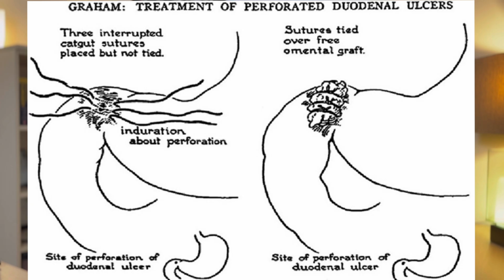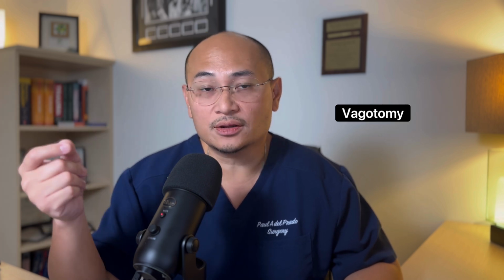And surgery will be dictated depending on the size and location of the perforation. This could be either just a primary closure with patch repair or a formal resection, including an anti-ulcer or acid-reducing procedure, which is a vagotomy.